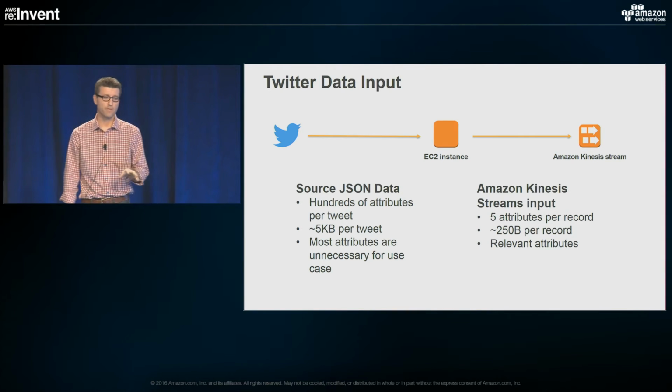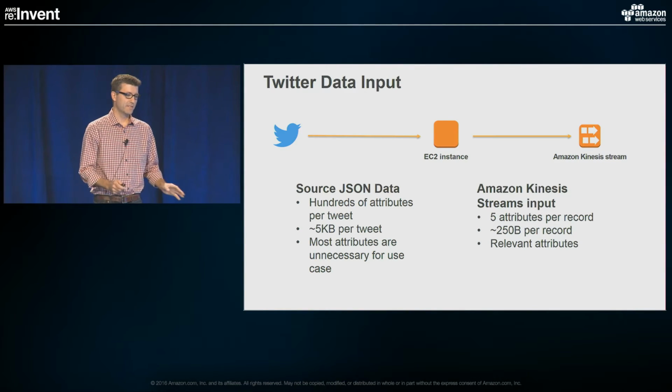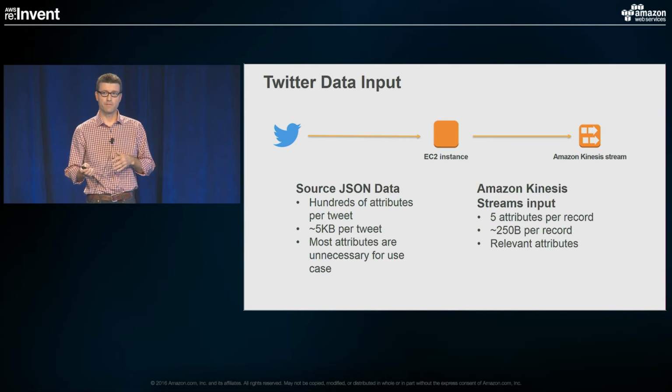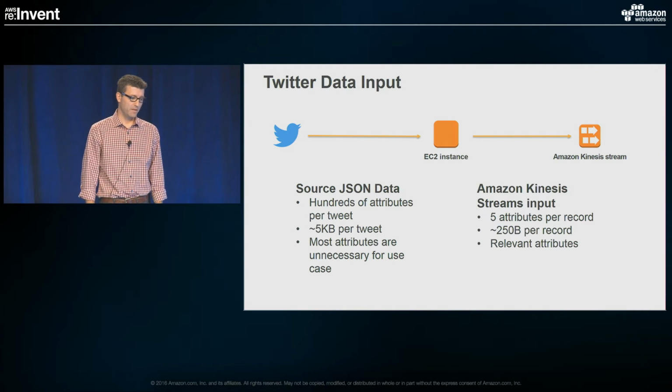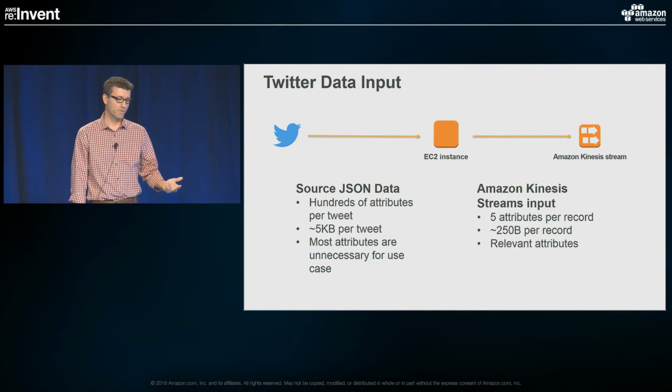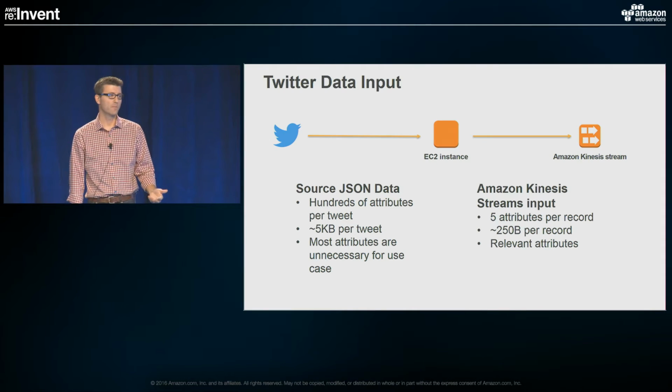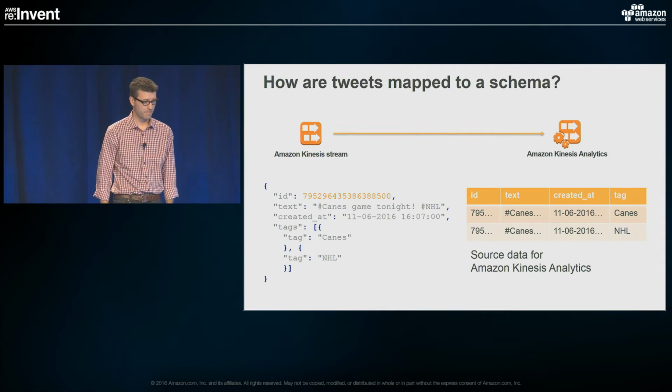So it's doing a bit of filtering up front. What ultimately lands in our Kinesis stream on the front end of our analytics system is going to be a smaller record because I'm getting rid of the noise, and it's only going to contain some relevant attributes for our use case.